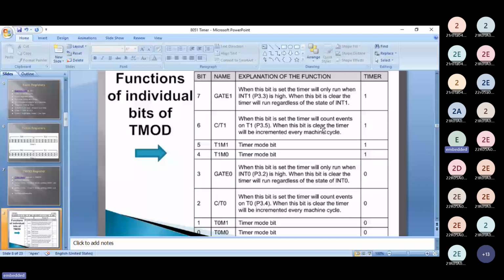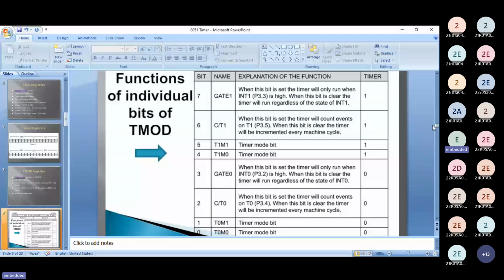When this bit is set, the timer will count events on T1. When this bit is clear, the timer will be incremented every machine cycle. T1M1 and T1M0 are timer mode bits. So bit 6 is C/T1, bit 5 is T1M1, bit 4 is T1M0.